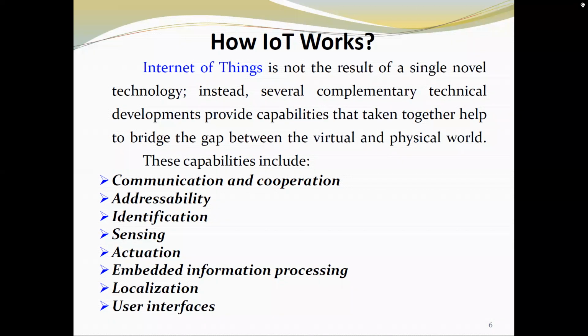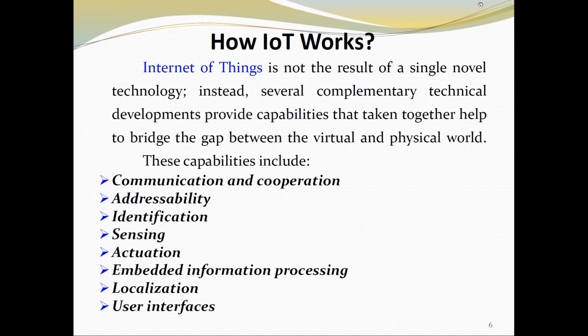So first of all, we need to know how this IoT will work, right? Basically IoT is not the result of a single novel technology, but of several complementary technical developments that, taken together, provide the capability to bridge the gap between the virtual and the physical world, right?